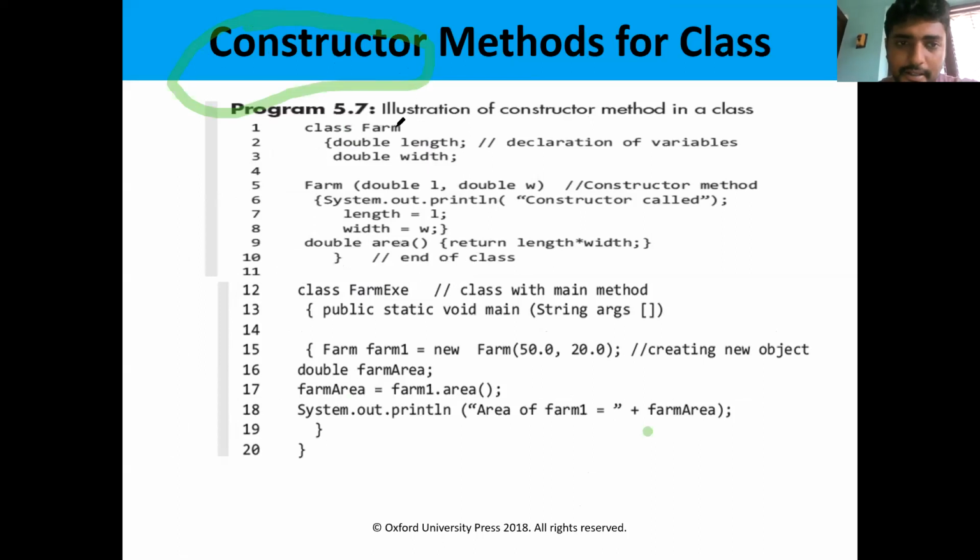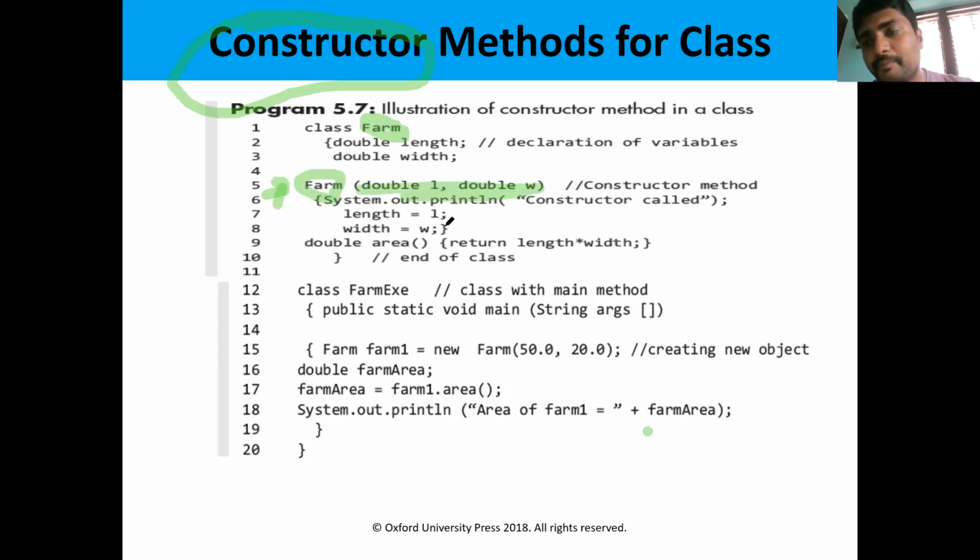Take an example, class form. Form is the class name. If you are going to create a constructor, the constructor name is also form. They don't have any access specifier or anything before the constructor name, simply the class name, with some arguments and some assignments.